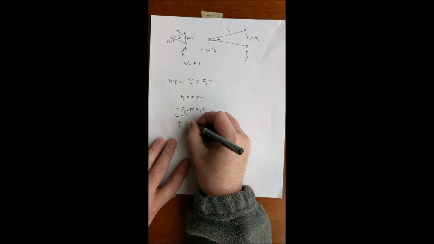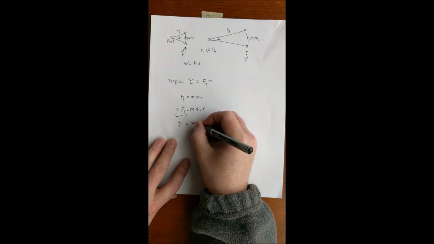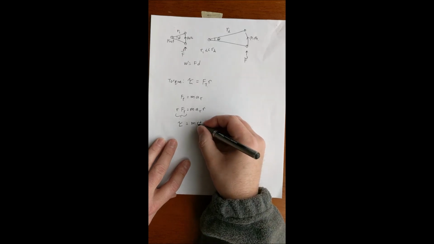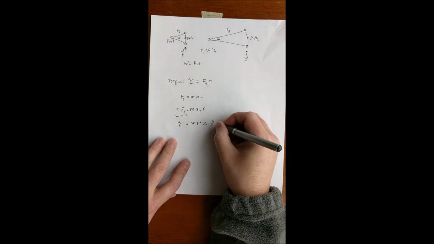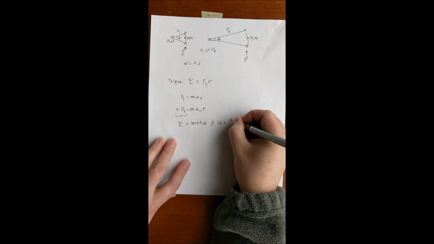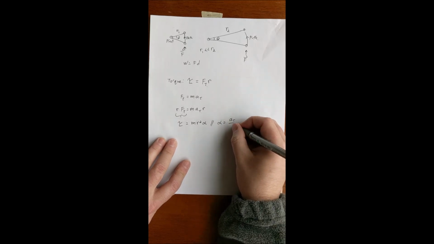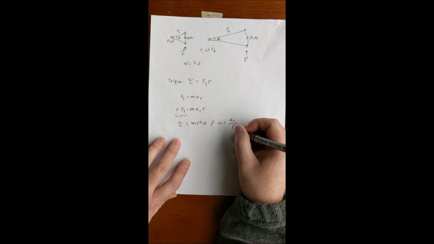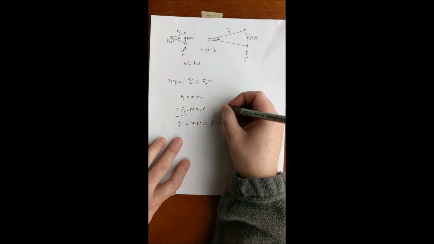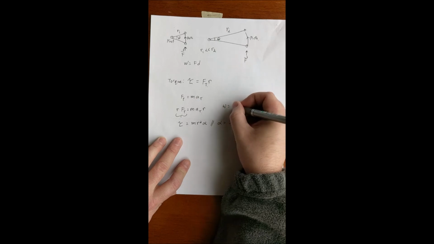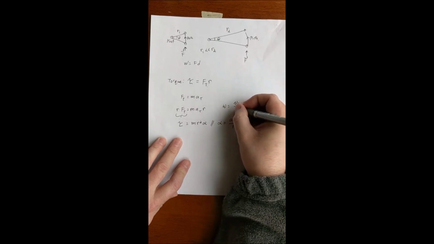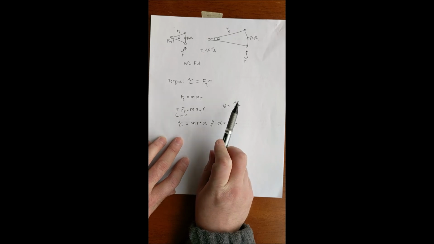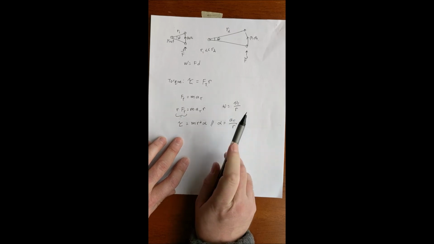And then I have m r squared alpha, and I got at that step in between here by knowing that alpha equals acceleration tangential divided by r, which is similar in form to this equation, which you're familiar with: angular velocity is equal to tangential velocity divided by radius.